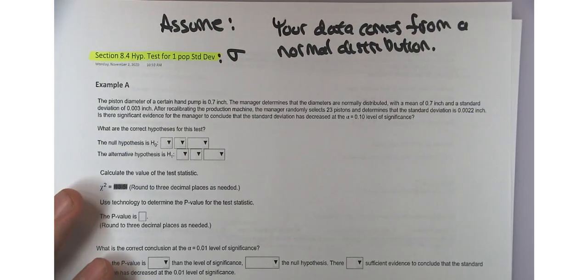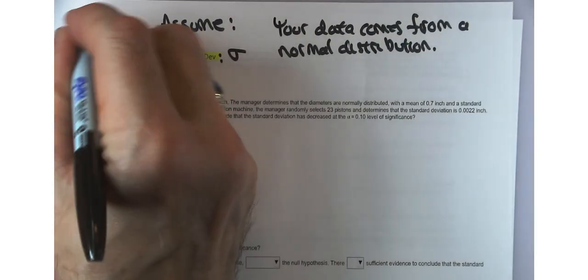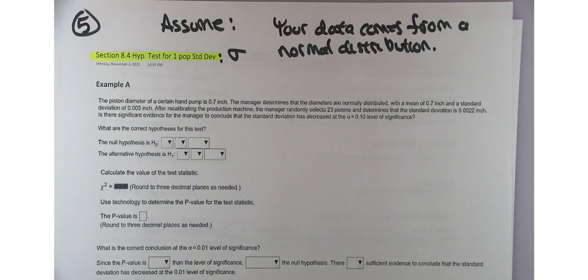How can you check that? We just went over those things in section 8.2. How can you check that your data actually comes from a normal distribution? Ooh, nice. Histogram, Ryan-Joiner test, no more than one.